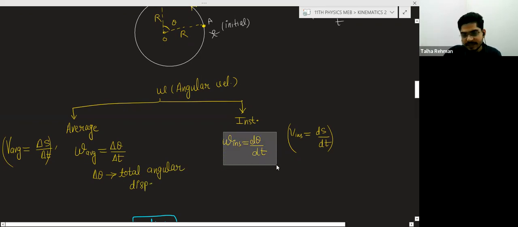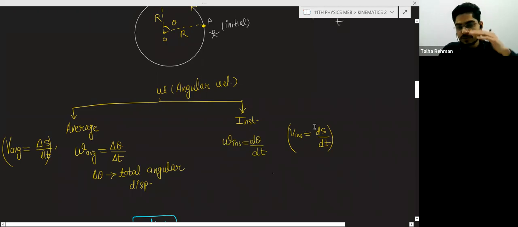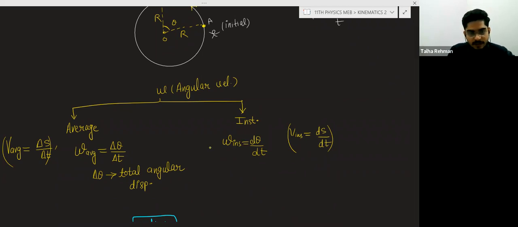Now instantaneous angular velocity. See the linear instantaneous velocity, ds by dt. ds by dt is the differential form. What happens when delta t becomes 0? Delta t tending to 0 means a very short interval of time.